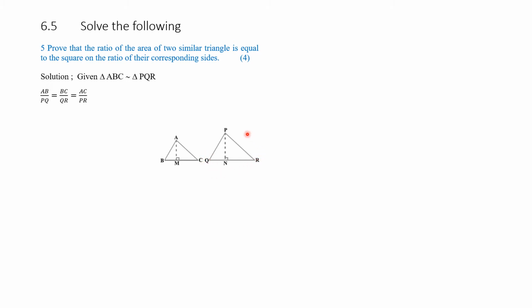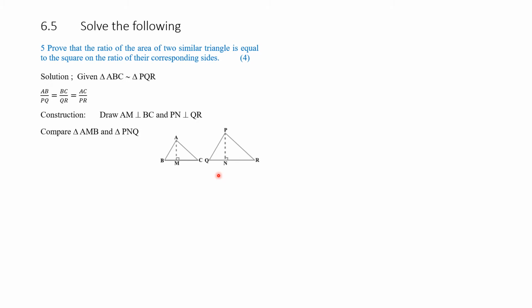That is, the three sides are in corresponding ratios. Construction. Draw AM perpendicular to BC and PN perpendicular to QR as shown in the figure.